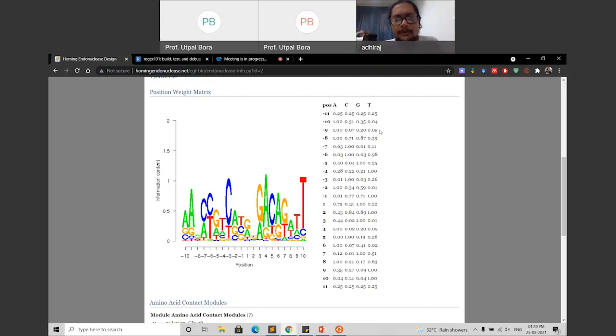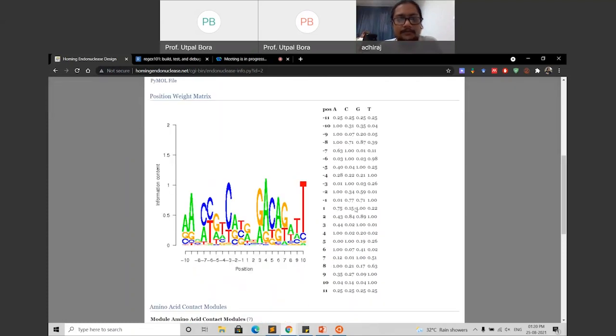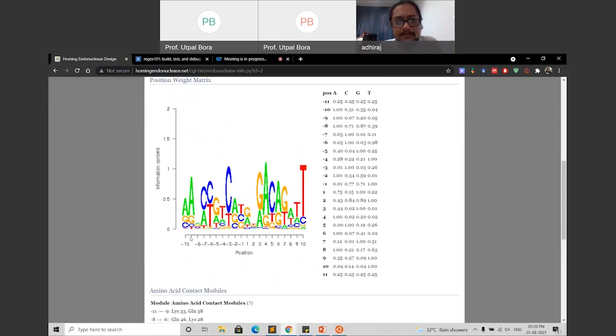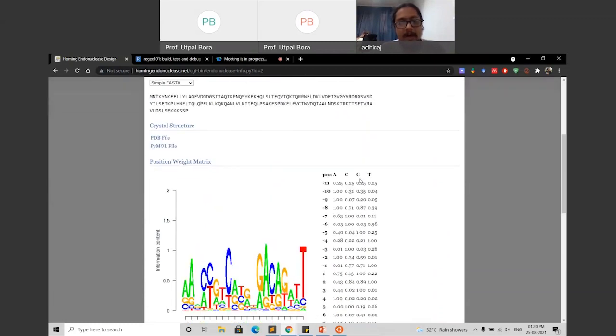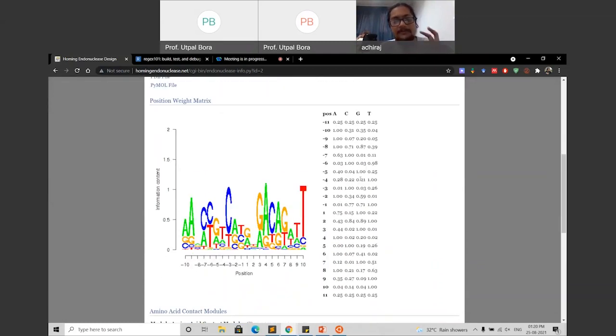So the whole point of explaining that PWM was understanding this. Whenever you go to this website and try to blast or search for any sequence, you should know what, suppose, the eighth position of ICRE one should be, what the seventh should be, right? In your target this might not be the same, but how much is allowed, because of that PWM, we can calculate.